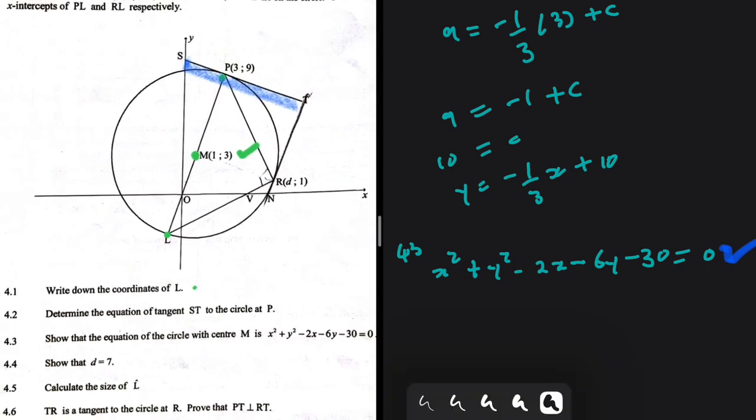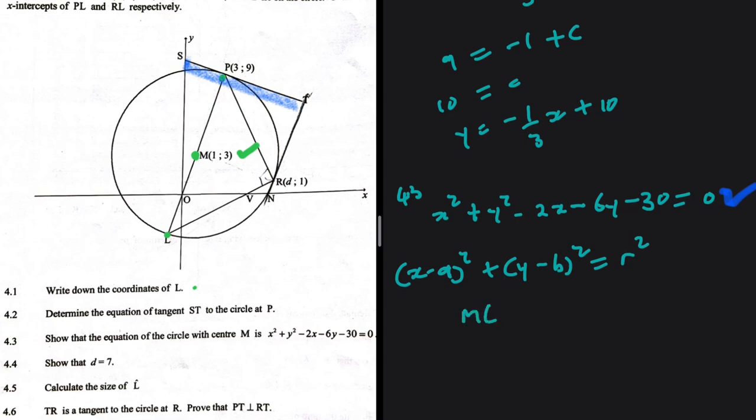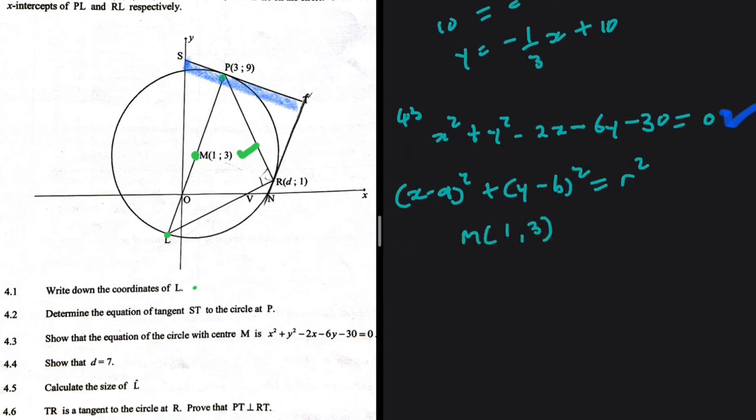But anyway, we know fully well that the equation of the circle can be given by x minus a squared plus y minus b squared is equal to r squared. So our center is M, right? 1 and 3. So we're going to have x minus 1 squared plus y minus 3 squared being equal to r squared.